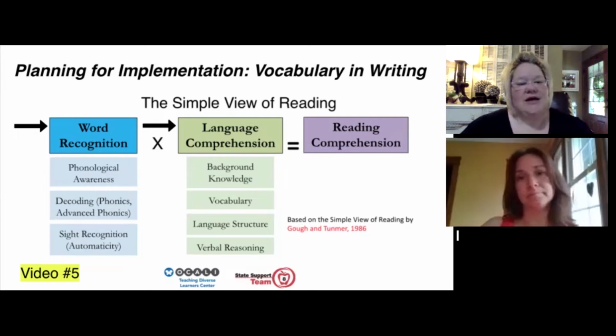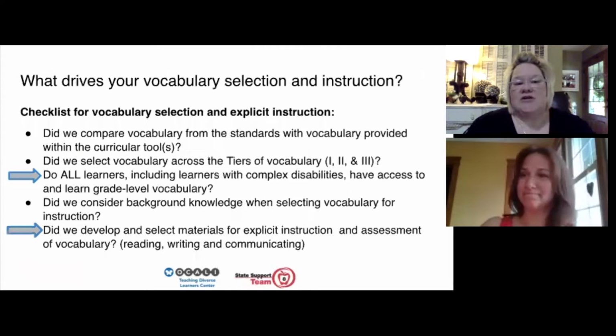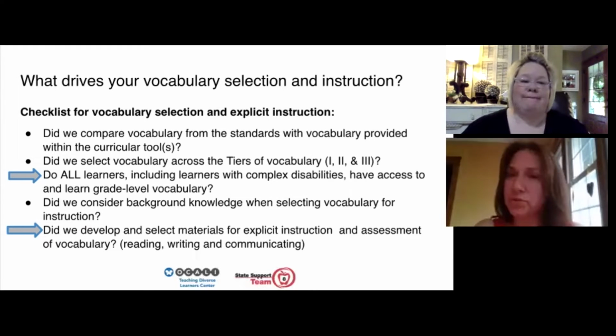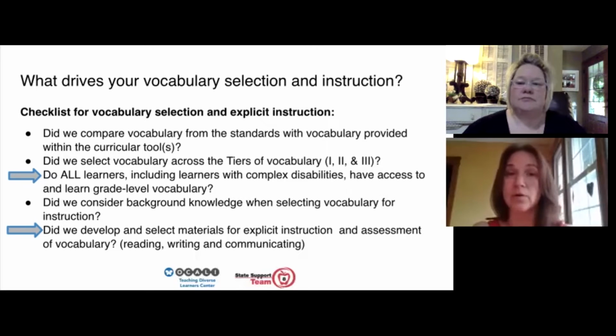So let's take a leap here and head down this road where we're applying all the great vocabulary knowledge to writing. Tracy's going to start us off by asking those very critical, essential questions. So, two things within our checklist that you can ask yourself around vocabulary selection and explicit instruction. Again, we're looking at student needs.